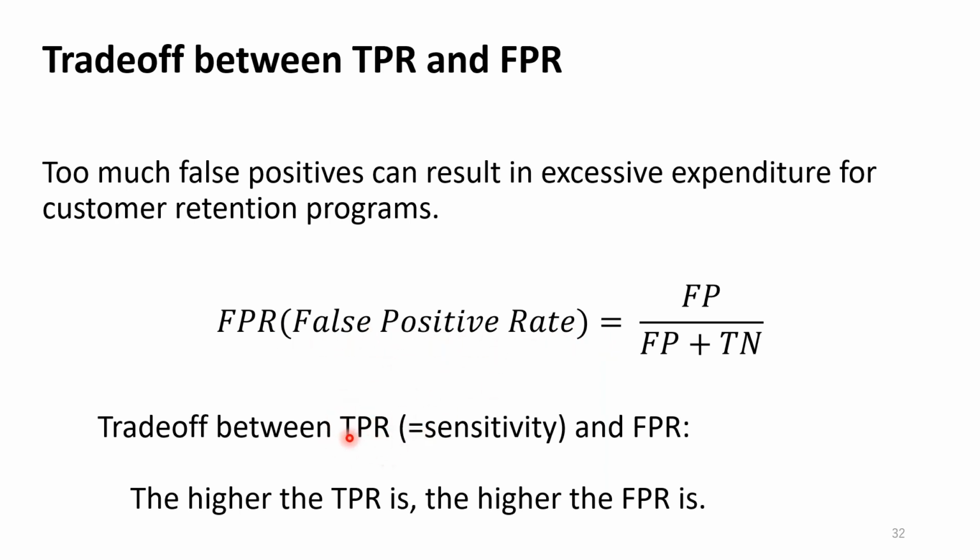It should be noted that the true positive rate is equal to sensitivity. There is a trade-off between sensitivity and FPR. The higher the sensitivity, the higher the FPR is. To handle this trade-off, the ROC-AUC score can be used to evaluate the model performance.